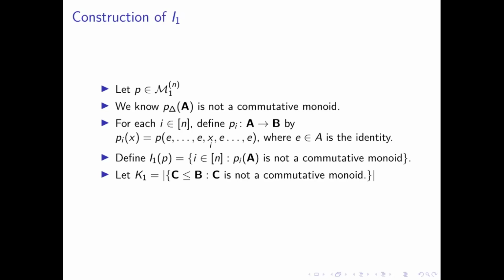Okay. You need a bound. This is a little bit mysterious, but you're going to just take the number of subalgebras of B which are not commutative monoids. And then I'm going to claim that I1 is a selection function for M1 with bound K1.